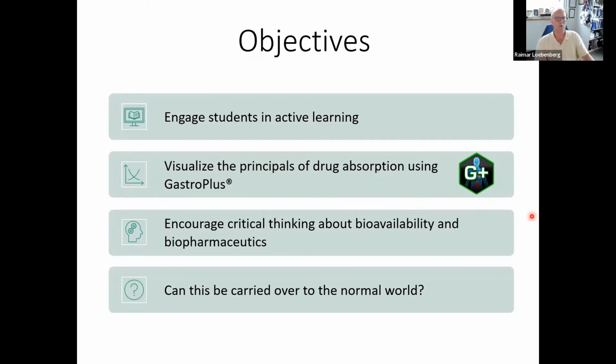And then also through these exercises, we hope to encourage critical thinking about bioavailability and biopharmaceutics, because the students had to do it online, but still they had to do the exercise on the computer in a group and discuss this. And even if they're in different locations, at least when we started this, we saw that the students got more engaged, that they begin to discuss and not just consume, because this is the problem with most of the Zoom meetings.